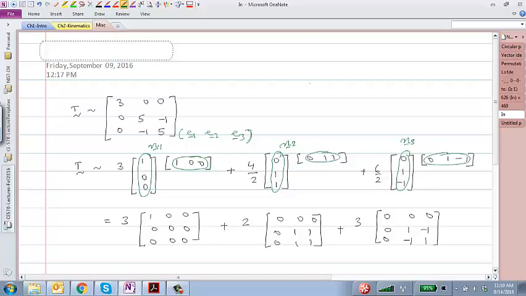Now, N2, for example, is written as 1 over square root 2 times (0, 1, 1) in the E1, E2, E3 coordinate system. Can you tell me what it is written as in the n1, n2, n3 coordinate system?